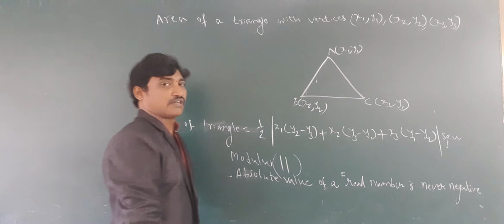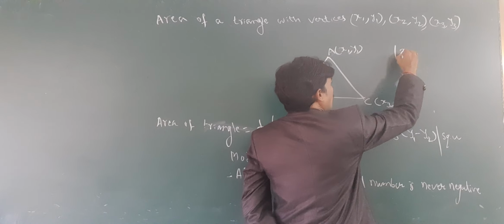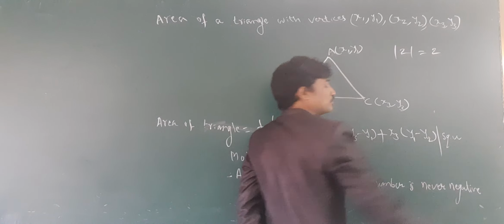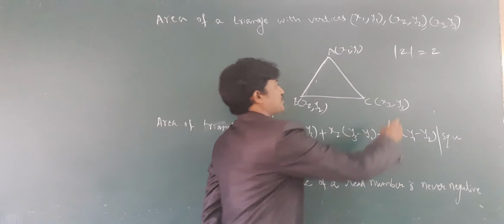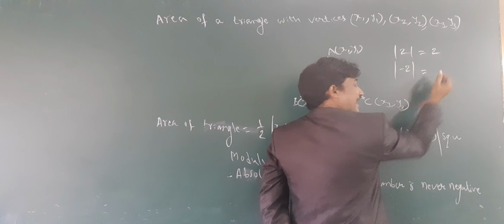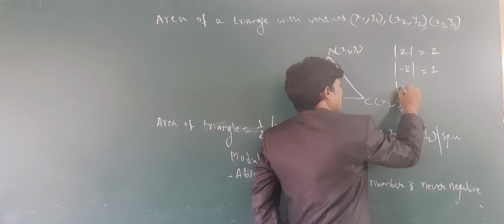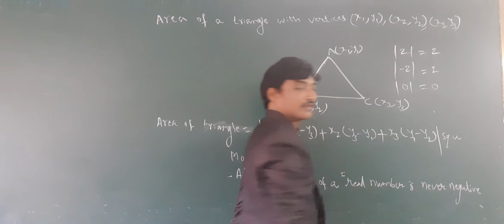Here, modulus 2 is 2, modulus minus 2 is minus of minus 2, that means plus 2, and modulus 0 is 0.